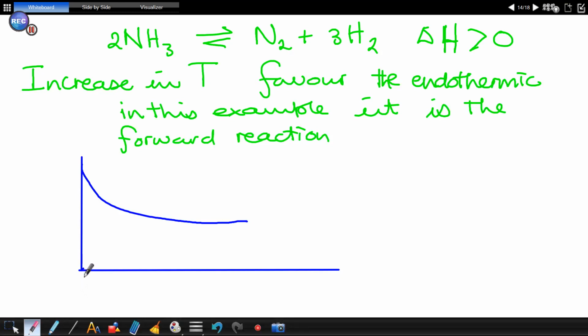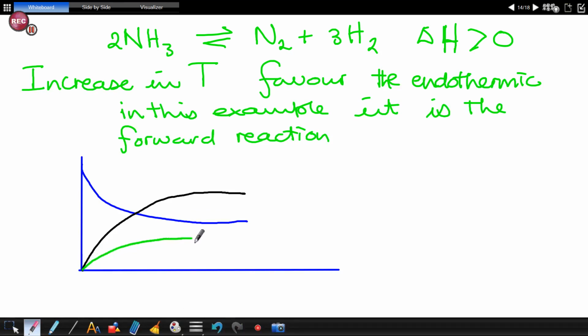So the concentration of the hydrogen and the concentration of the nitrogen will increase now. I'm going to do it in different pens. So the hydrogen concentration will increase to there, and the nitrogen concentration will increase to somewhere in between. Am I right? No, it's the lowest.